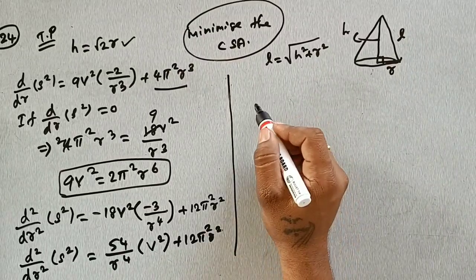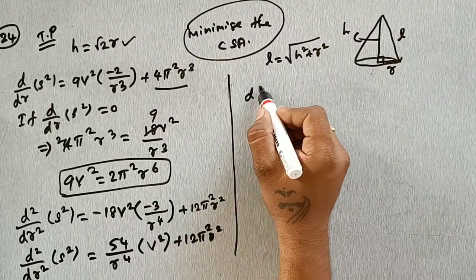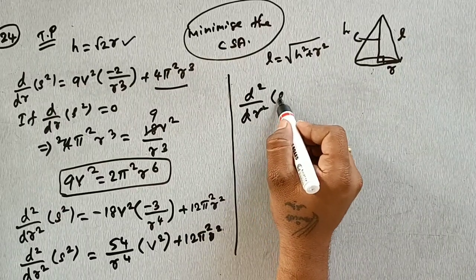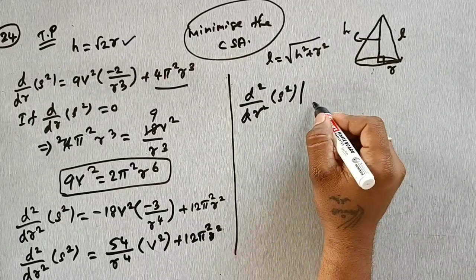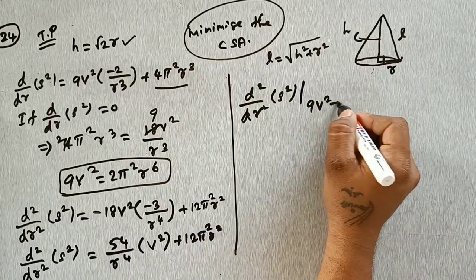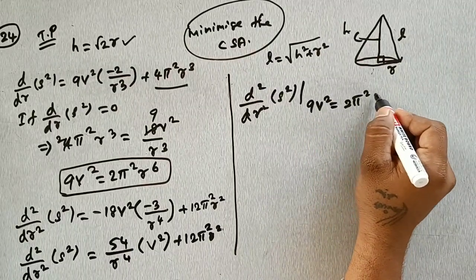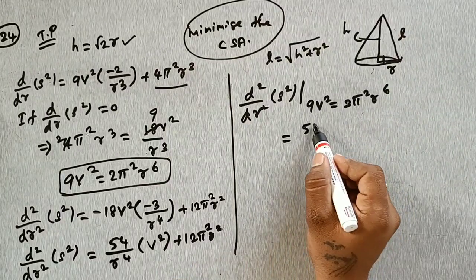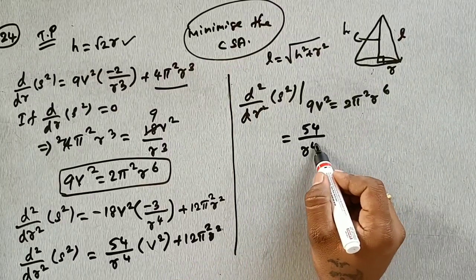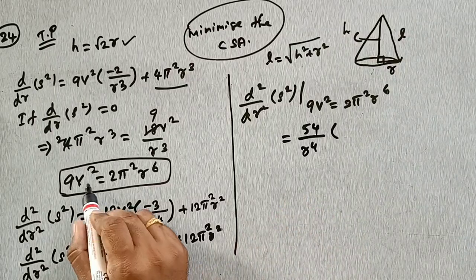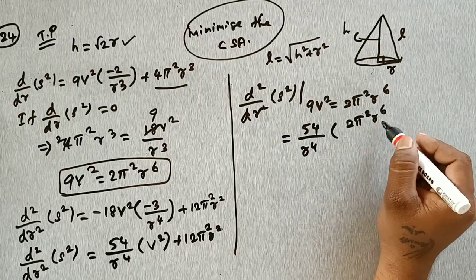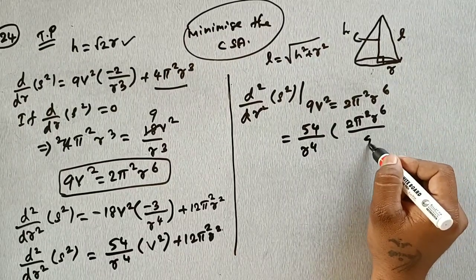Now substitute, that is d square by dr square of s square at the point 9v square equal to 2 pi square r power 6. Substituting that, 54 by r power 4. Instead of v square we can substitute 2 pi square r power 6 divided by 9.